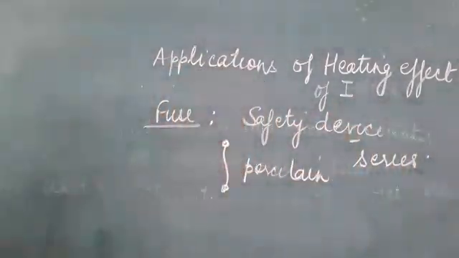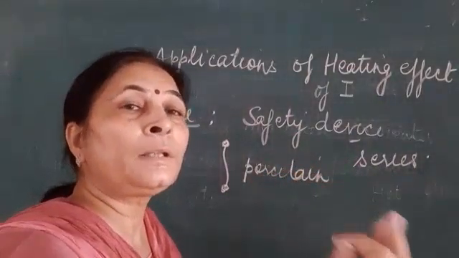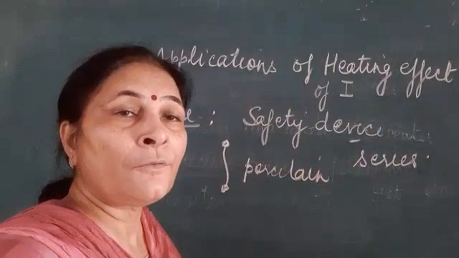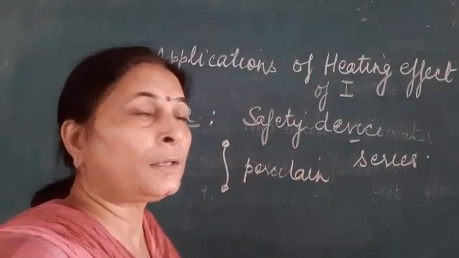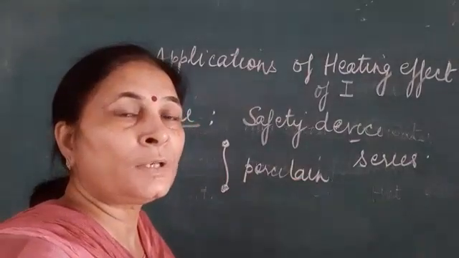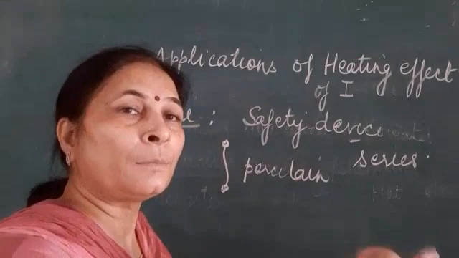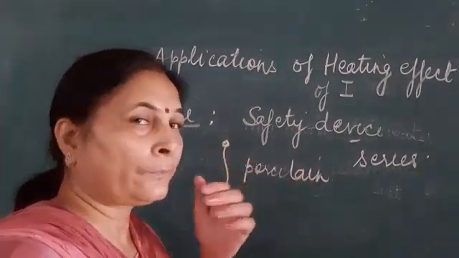It is always connected in series. Of what particular type of material is it made? Depending upon the capacity of the fuse wire, it is made of different materials. An alloy or a metal can be used; aluminium, iron, copper can be used for making this fuse wire.